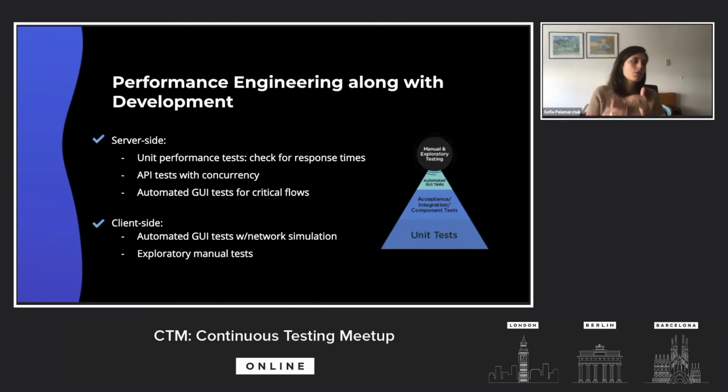Then, if we go one step up to the top of the pyramid, we also have, and I think we need to have, GUI automated tests. When thinking about performance, we translate these tests to the HTTP protocol, which is the one used between the server and the client. These would be tests that you want to implement for your most critical workflows.